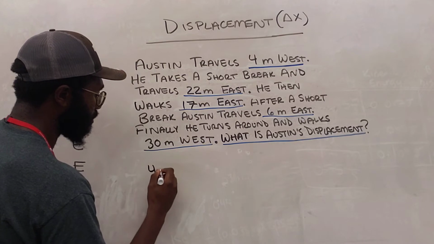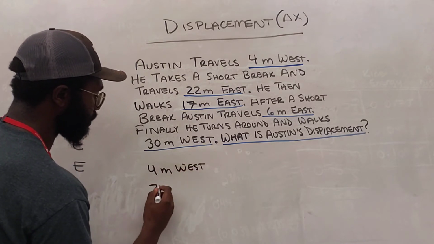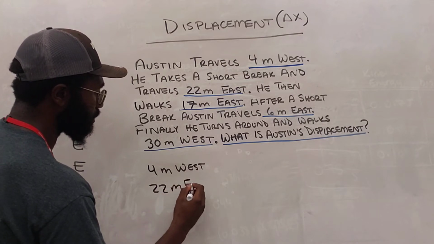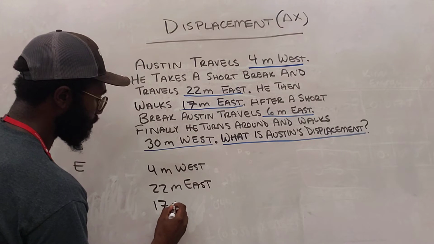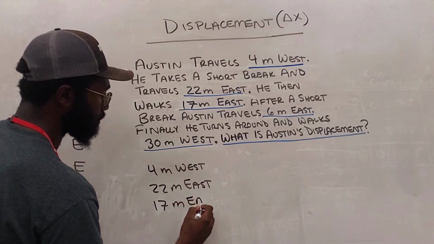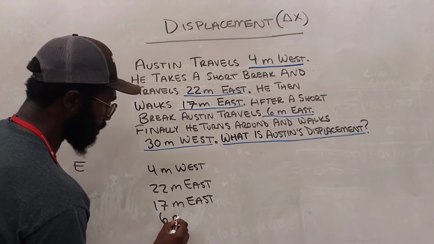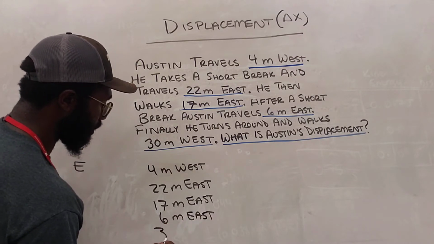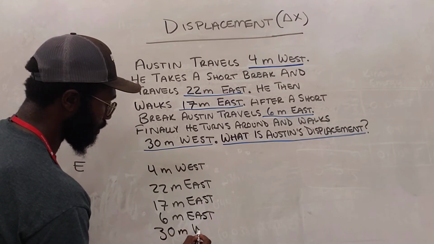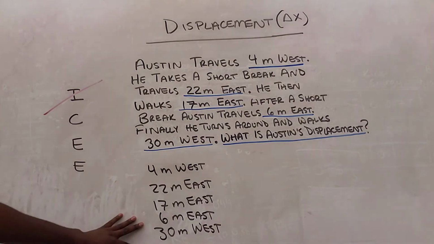So 4 meters west, 22 meters east, 17 meters east, 6 meters east, and 30 meters west. Okay, so these are all of our individual displacements, all right?